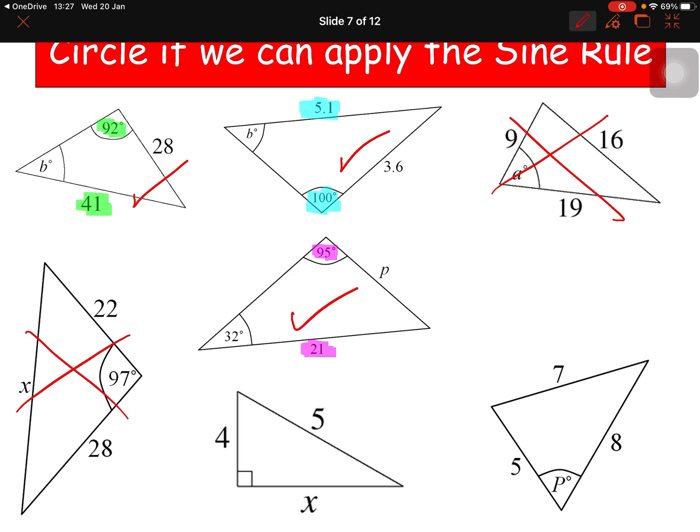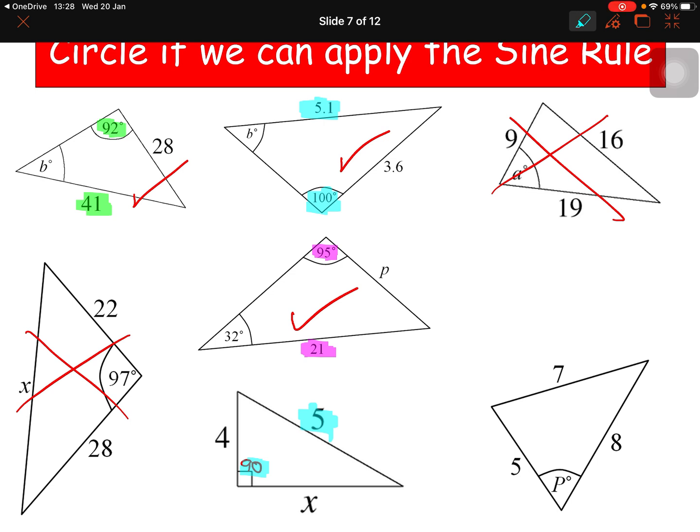Next one. I've got 2 sides. All I've got is 2 sides, okay? But if we notice carefully, we've got a 90-degree angle down here. So technically, I know what that angle is as 90. Because I know what that angle is, what it means is I have a matching pair. I can work out what that missing part is.